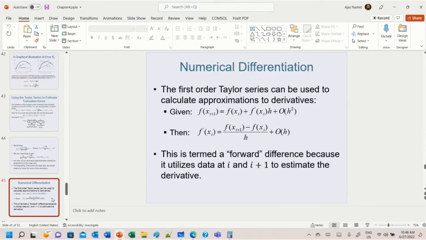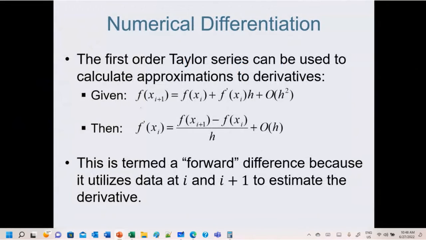Another reason for the truncation error, we said, is when we use the finite difference approximations for finding the derivatives. Now, if you are given that f of xi plus 1 is f of xi plus the first derivative at xi multiplied by h, then after that we are going to have a remainder term which is of the order of h square.